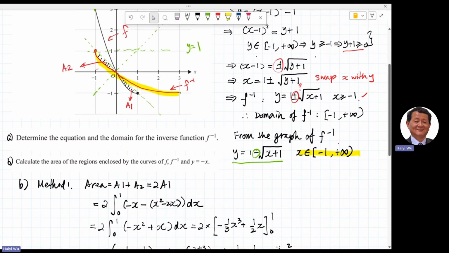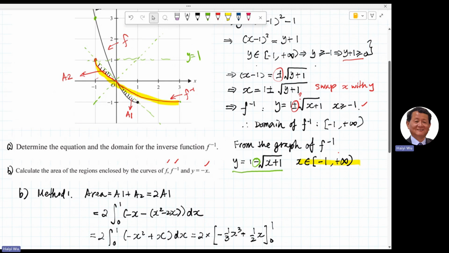Now we're going to find the enclosed areas on the curve. We've got three functions: f, the original function, its inverse, and another one, y equals negative x.